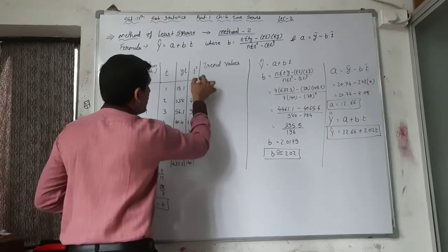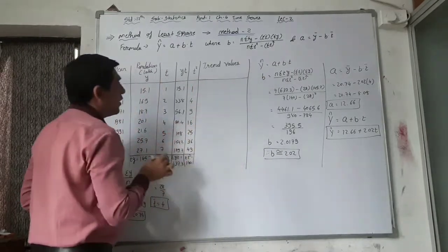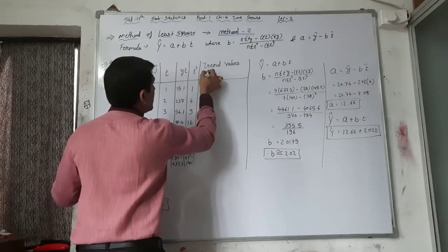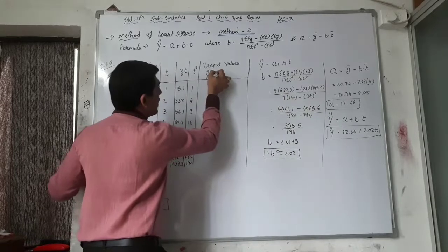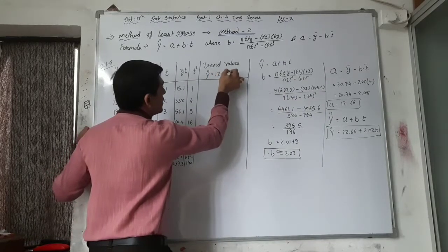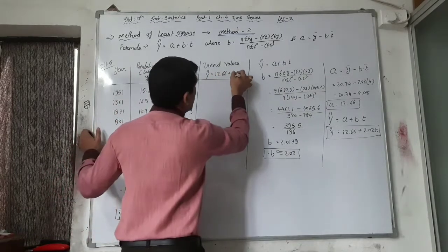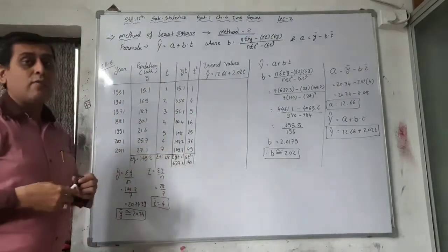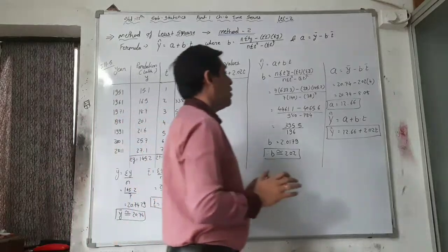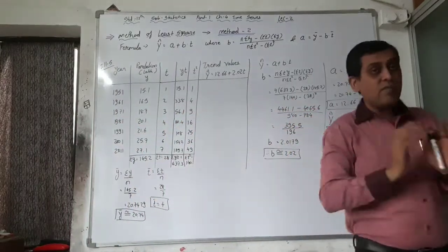This is part of our answer. Here, what is the equation? The equation we have to write is y cap is equal to 12.66 plus 2.02 t. We have to find out the trend values for each and every year.